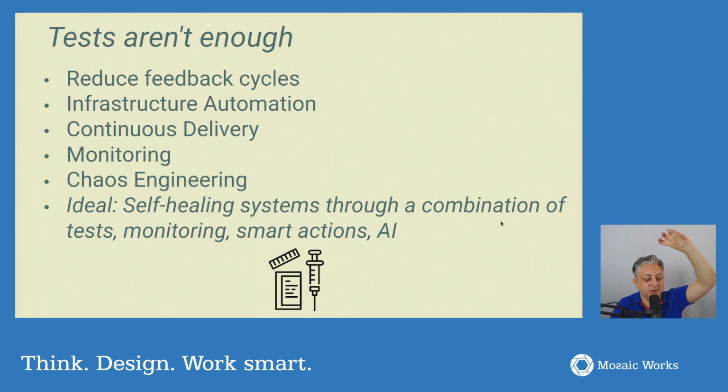Your tests also become a monitoring device. So you keep running those tests in production, but you also run other things and look at what's happening with the data. You have trends, and maybe you have some smart agents that analyze that data and those trends, and when they see something go wrong, they decide on a smart action.